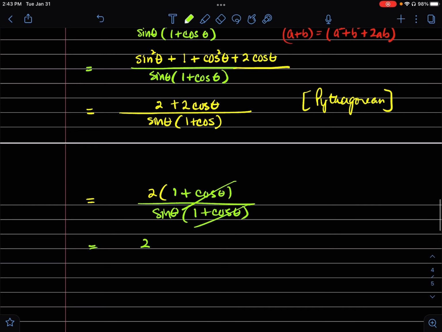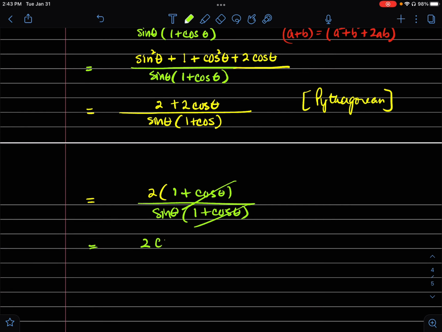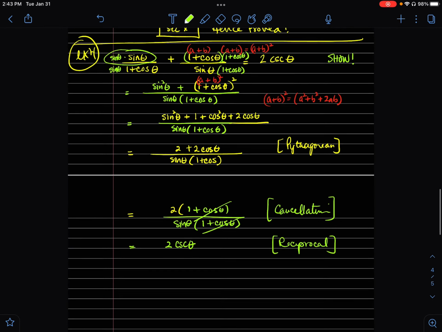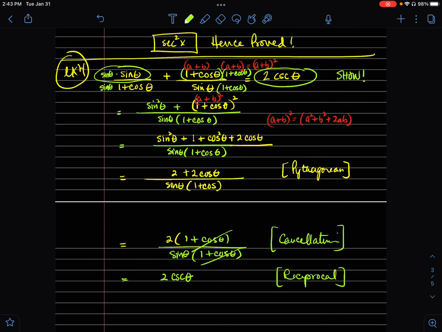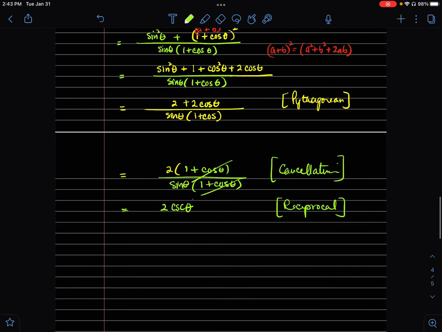That equals 2 over sine, so I can rewrite that as cosecant. Cancellation here and reciprocal here. I had the goal in mind the entire time that it's just 2 cosecant theta, and we have achieved that goal.